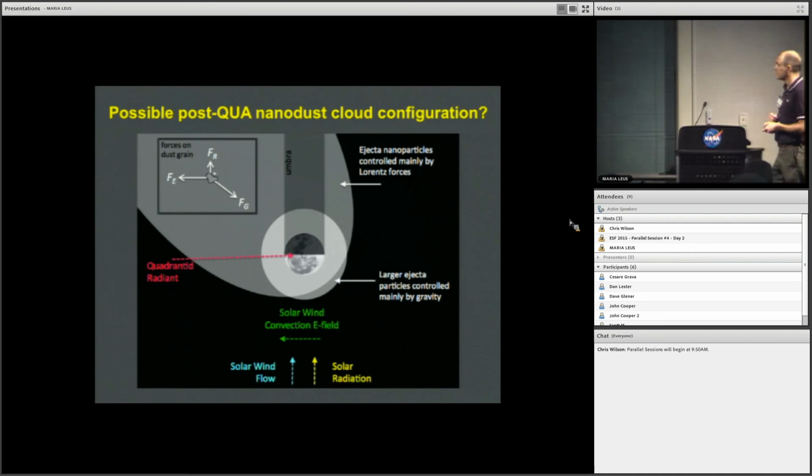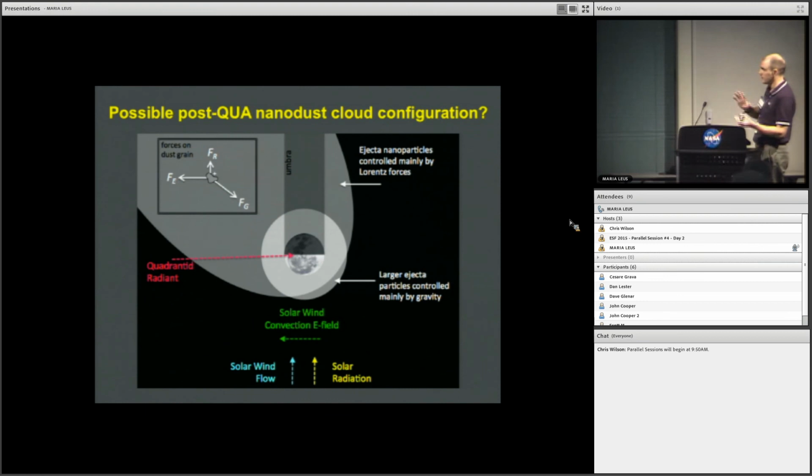Again, this is the sketch that Amanda showed. We had the convection electric field going from right to left during this interval, so dust ejected from here would be pushed out that way, and dust ejected from here would be pushed that way by the Lorentz force.